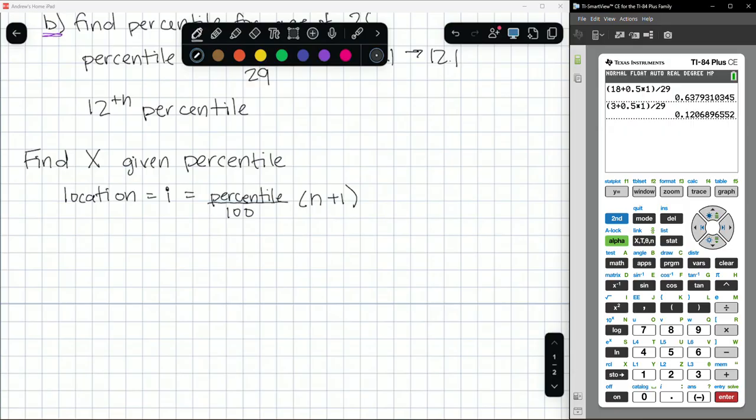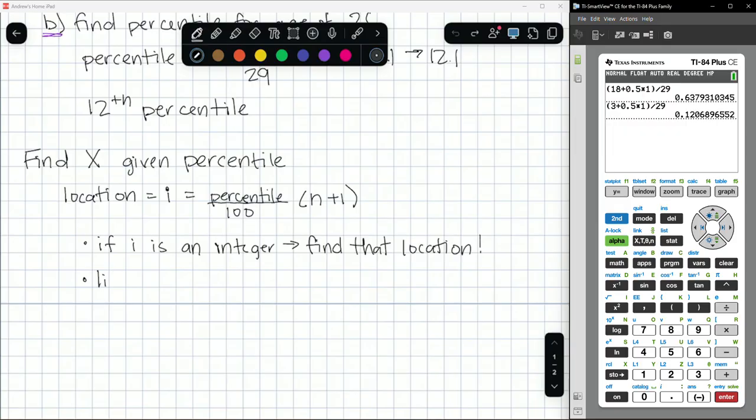That's going to give me a location in the list. If I is an integer, find that value in the list. That's the value that corresponds to that percentile.